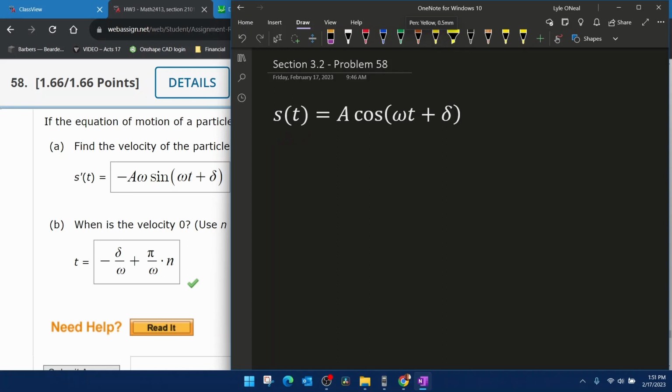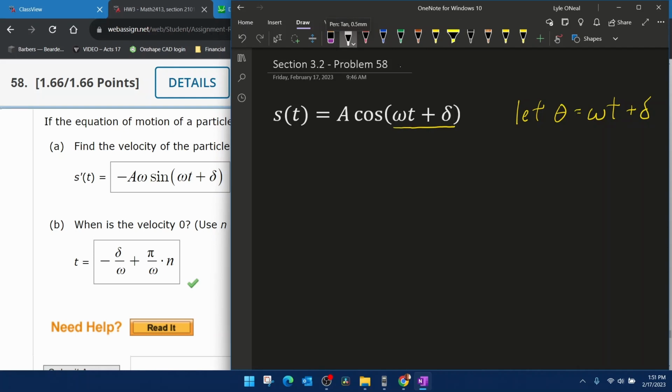In order to find the derivative, to make this a little bit easier, what I'm going to suggest is that we do a substitution. Let theta be our angle, omega t plus delta.